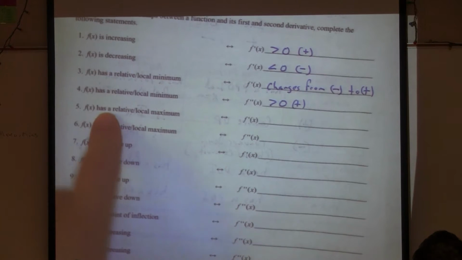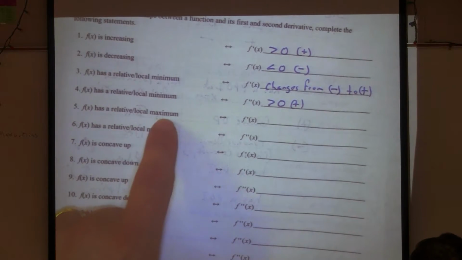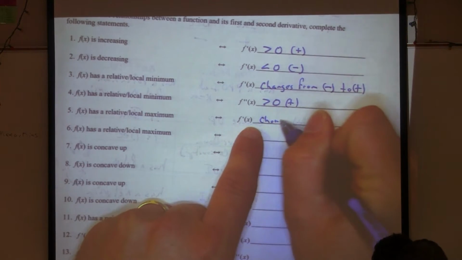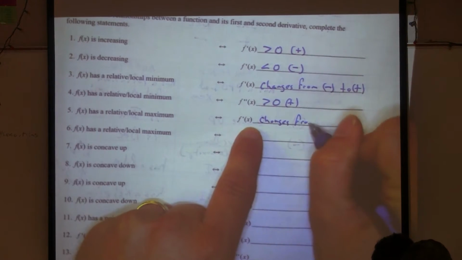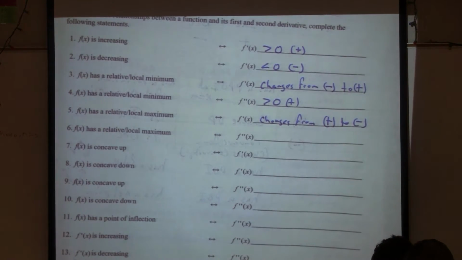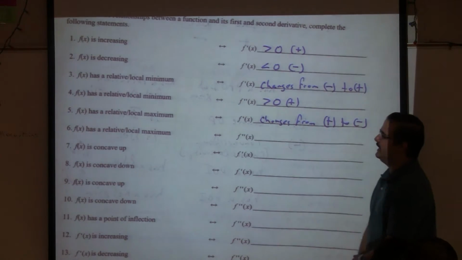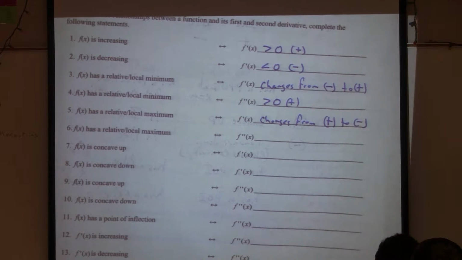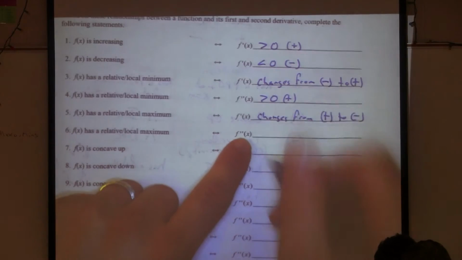If the original function has a relative maximum, then the first derivative is doing what? Changing from positive to negative. And if I have a maximum on my original function, that means my second derivative has to be negative. Why?